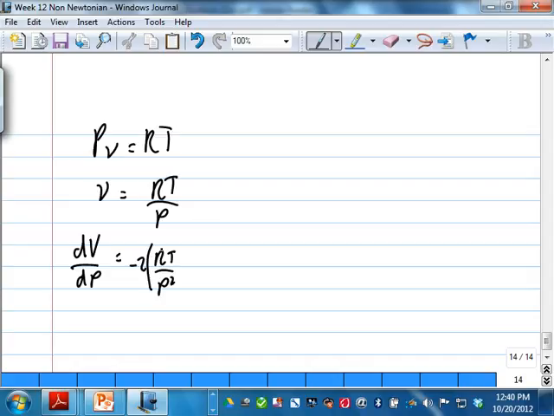Minus 1. Does that look right? So if there's a change in pressure, and we assume ideal gas, it's approximately like so.